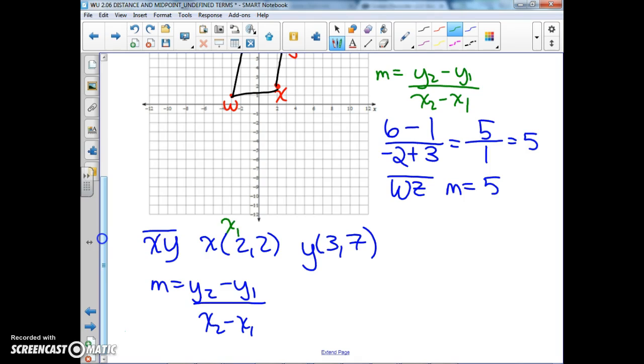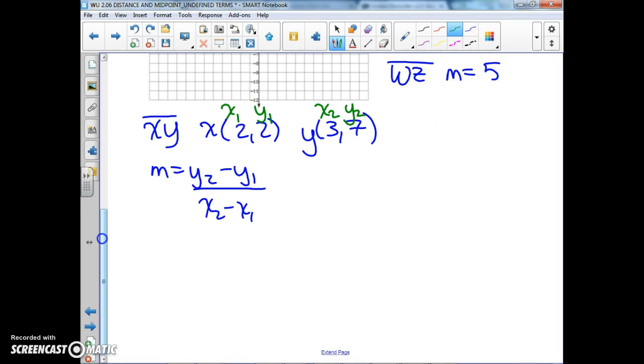This is x1, this is y1, x2, y2. And now you have to plug in. Y2 minus y1 is 7 minus 2. And x2 minus x1 is 3 minus 2. So 7 minus 2 is 5. 3 minus 2 is 1. So 5 over 1 is just 5.